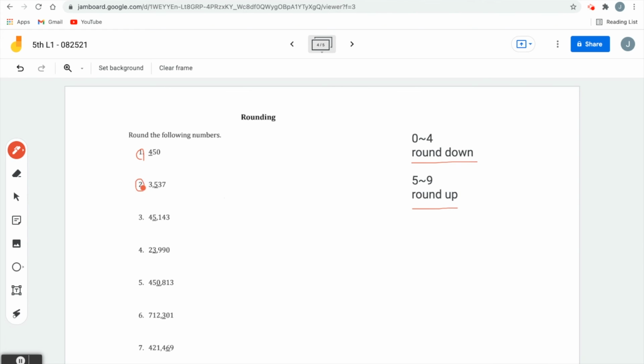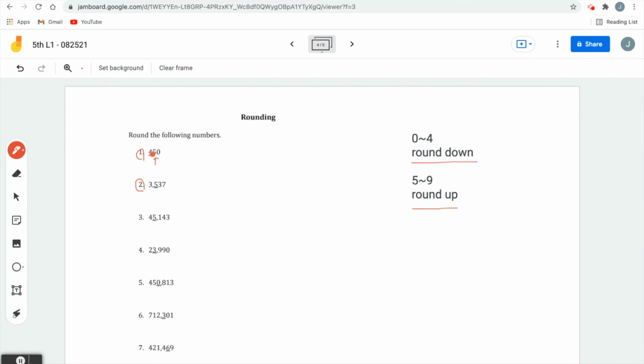For question number 1, we have 450 and 4 is underlined right now. That means we're rounding to the hundreds place. We're rounding the 4, so we're going to look at the number right next to the underlined number. We're looking at the tens place here. We're looking at 5.